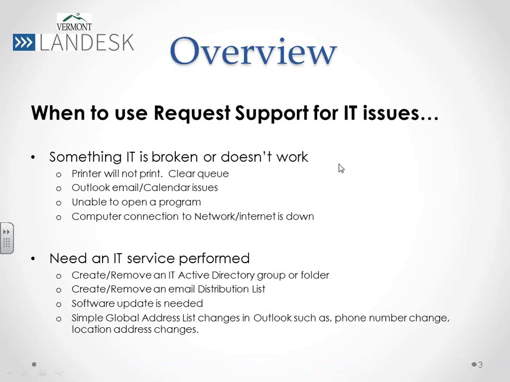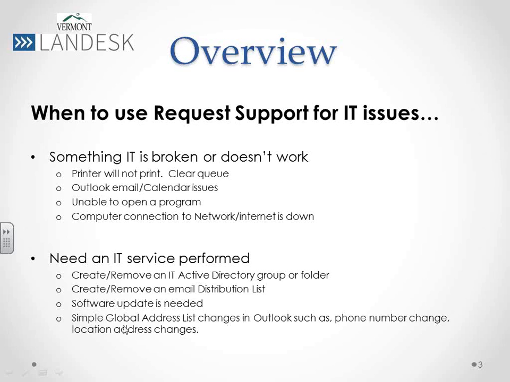And that would be like wanting to create or remove security groups or shared folders from the Active Directory. You want to create or remove an email distribution list that's in the global address list. Also, if you have software that needs to be updated or installed, you would put in a request support ticket.